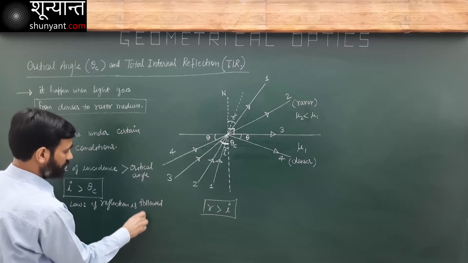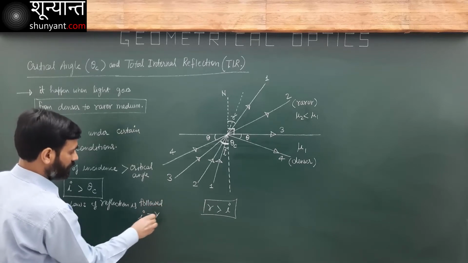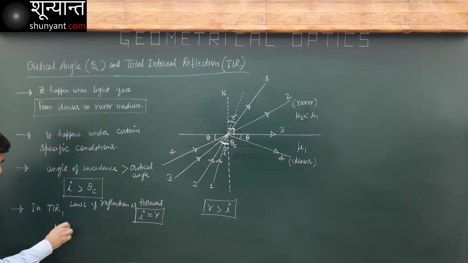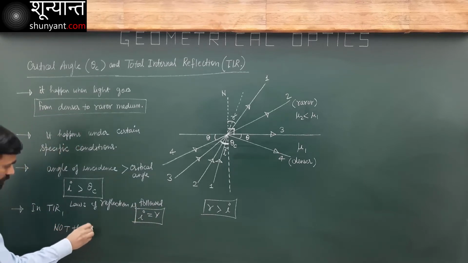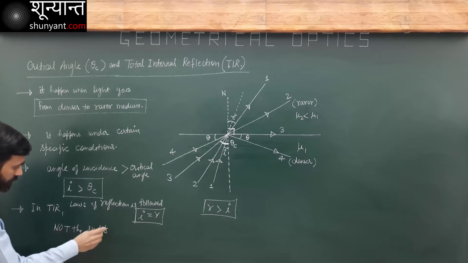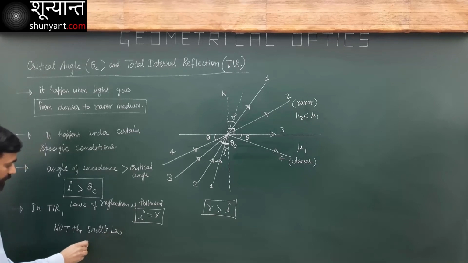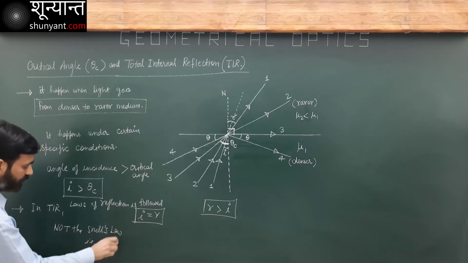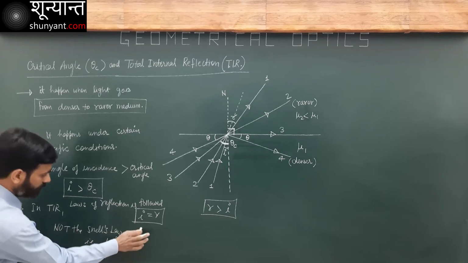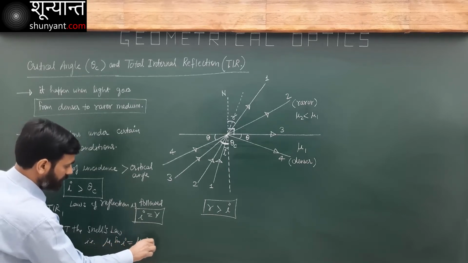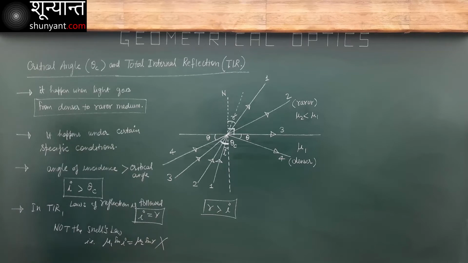What is this? I is equal to R, not the Snell's law. That is mu1 sine I is equal to mu2 sine R. This is not followed.